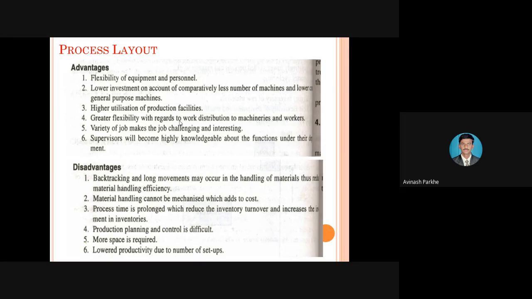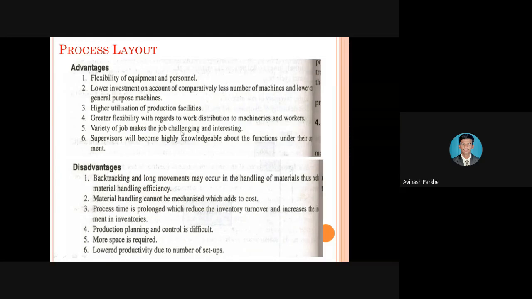Therefore, whenever we visit any workshop, any small scale industry, or some fabrication unit, you can see that only 1 lathe machine is available, 2-3 drilling machines, 2-3 grinding machines. That means higher utilization of the production facilities.